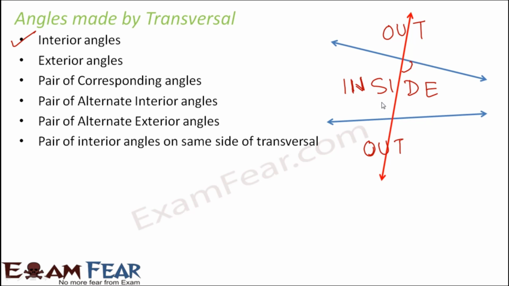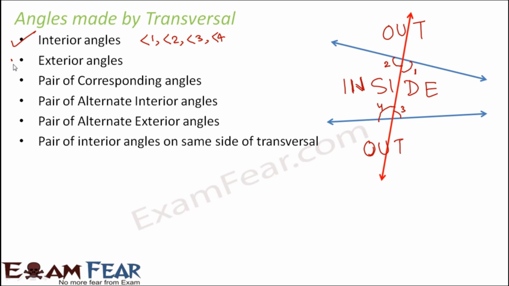So interior angles means the angles which are formed on the inside of the lines. And definitely these angles are made by the transversal. So the transversal has to be one arm of the angle. So this angle, let's call this angle 1, this angle 2, this angle 3, and this angle 4. So these are all examples of interior angles. So angles 1, 2, 3 and 4 are the interior angles.